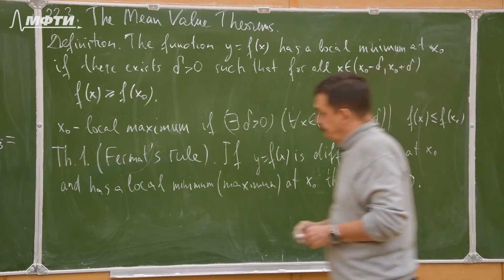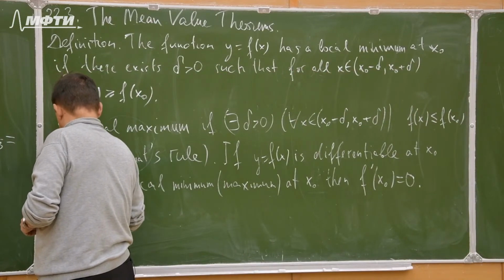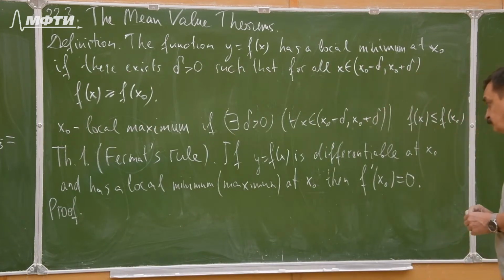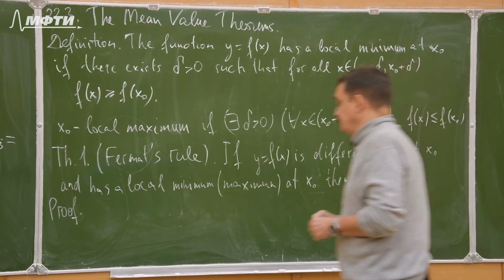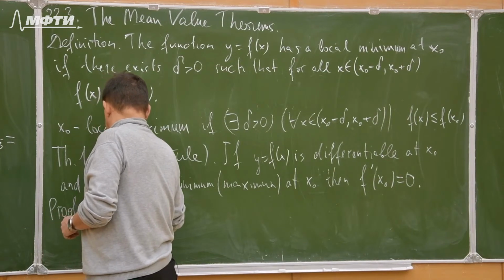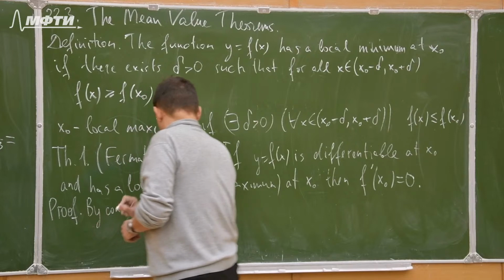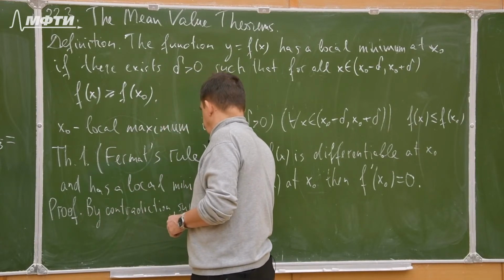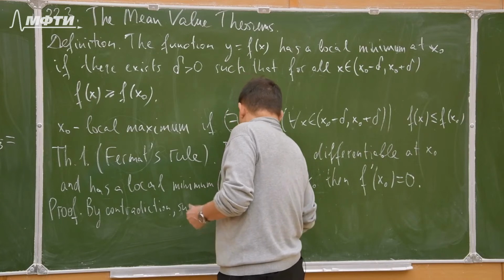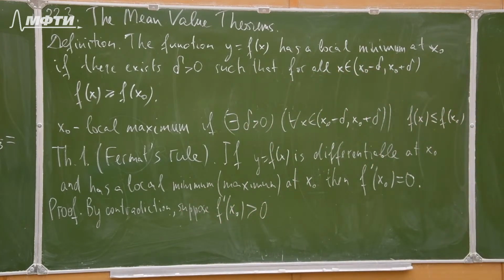Proof. By contradiction. Suppose f prime is, let's say, greater than 0, not equal to 0.